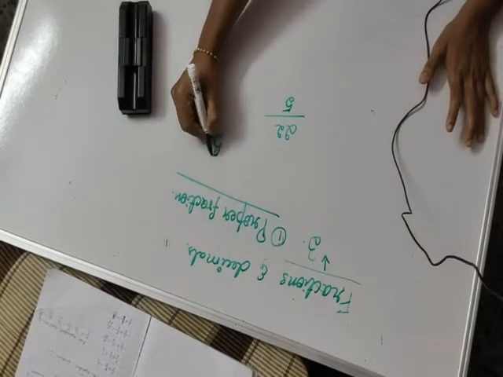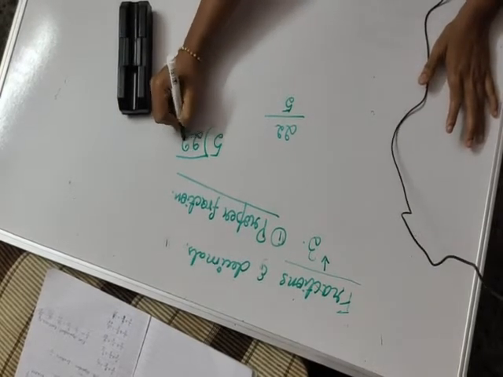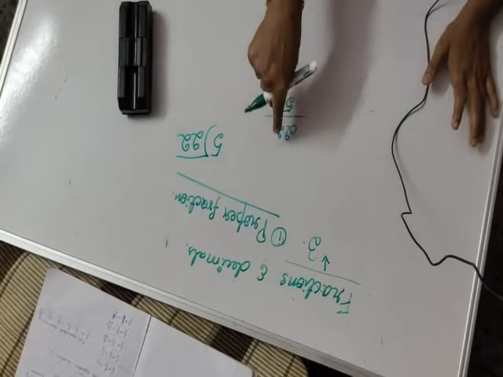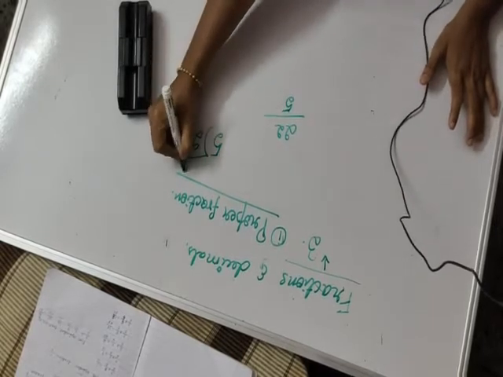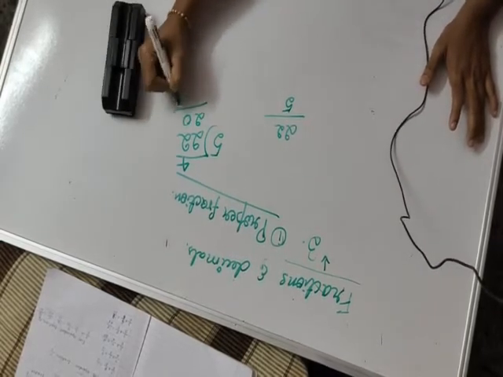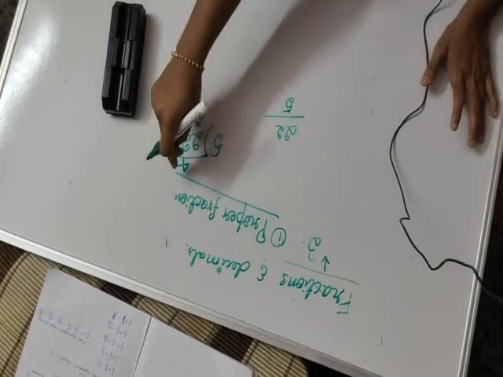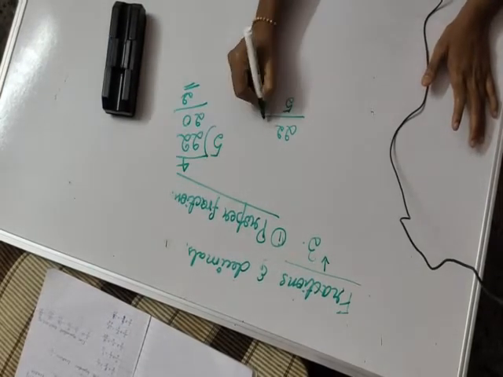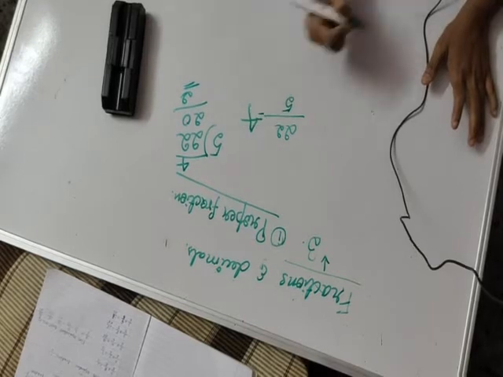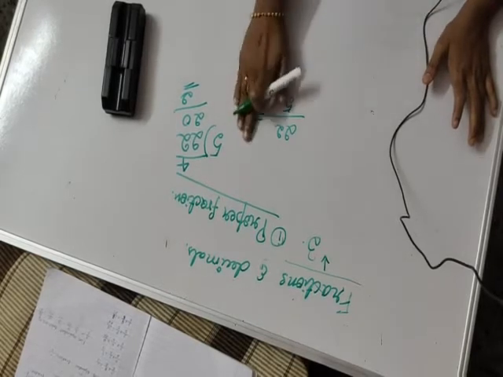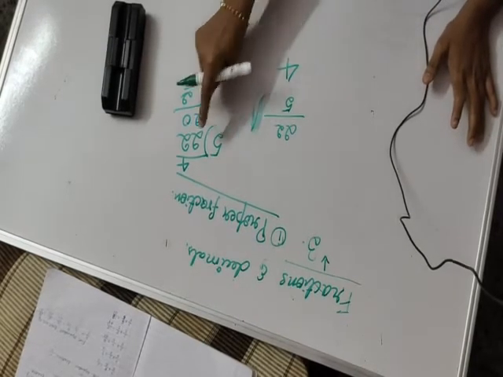Now how to convert improper to mixed? Denominator to numerator you have to divide. Remember, denominator to numerator you have to divide. 5 4s are 20, remainder 2. Now what is there as a quotient? That you have to write as the whole number. The quotient is the whole number.